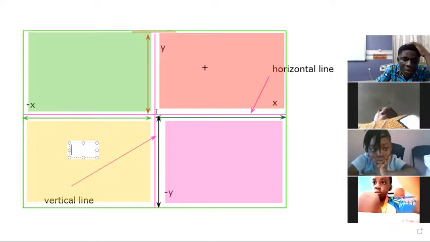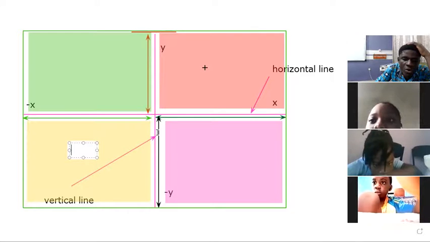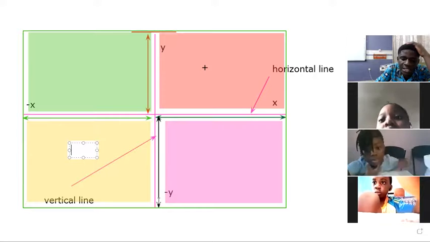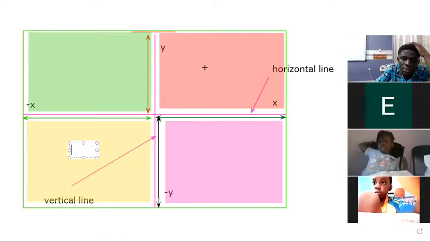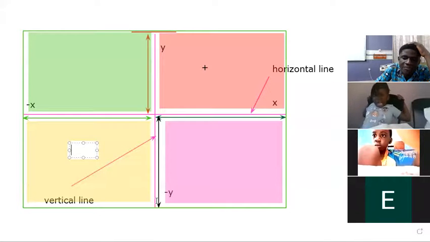And then the line that moves from the center to down here, what is it called? Negative y. Audrey, did you hear that? No. The line that moves from here, you see it, from the center, where the vertical line is, from the center to down here. You see it?